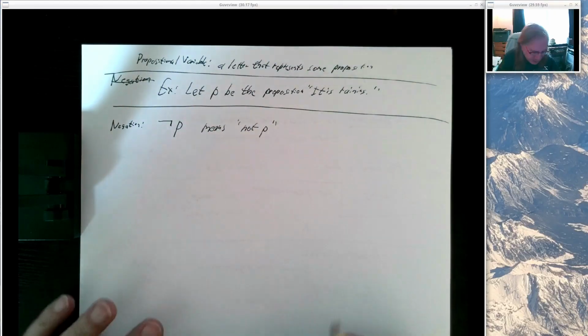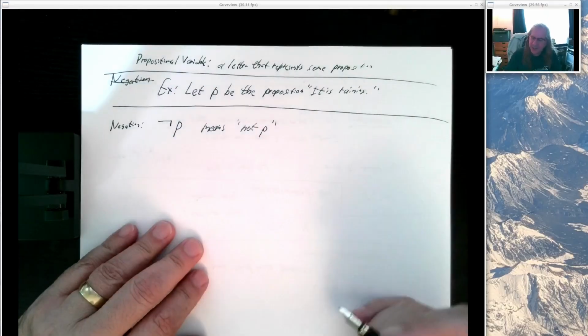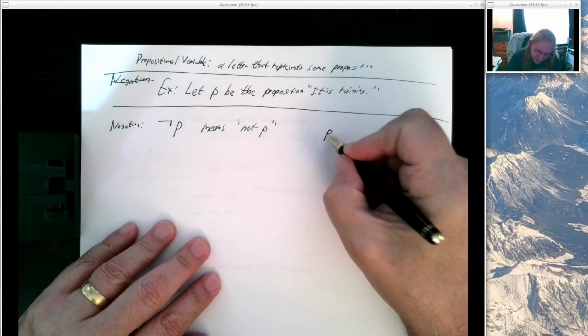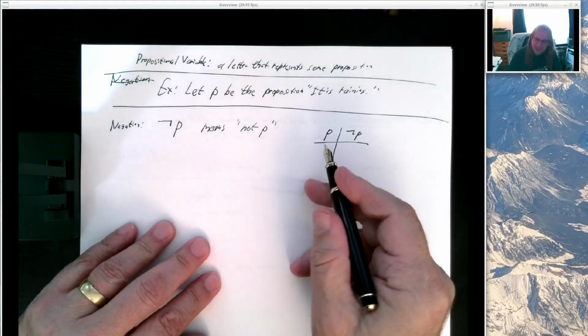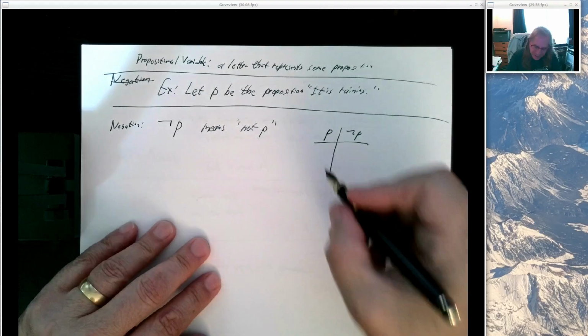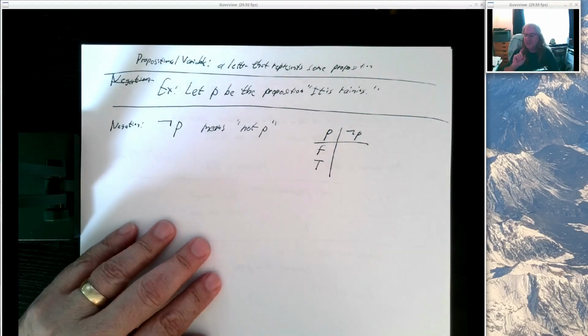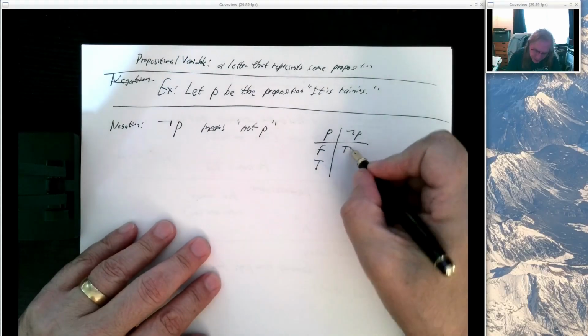And so we can describe the behavior of this negation operation using a table. So we can make a table like this. Now P is a proposition. It has a truth value. It is either false or it is true. And the way negation works, if the proposition P is false, then the negation is true.